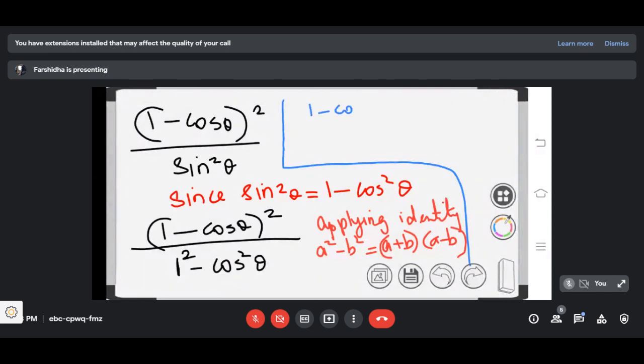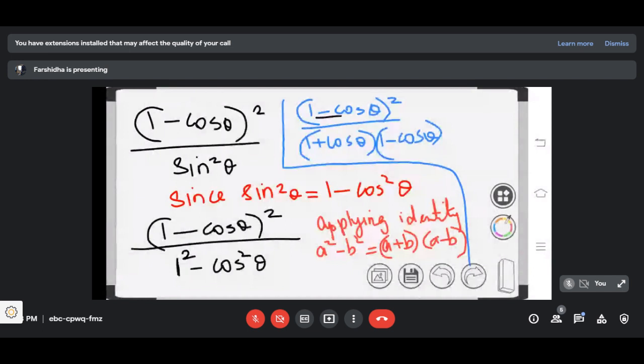So the next step will be 1 minus cos theta whole square divided by 1 square minus cos square theta. You can write that as a plus b into a minus b: 1 plus cos theta into 1 minus cos theta.